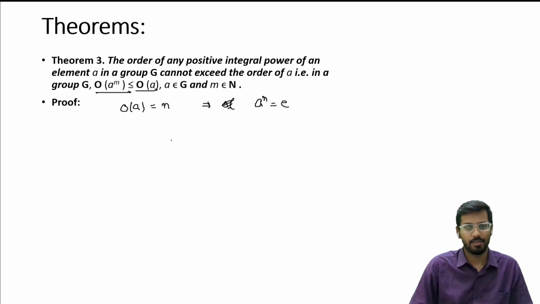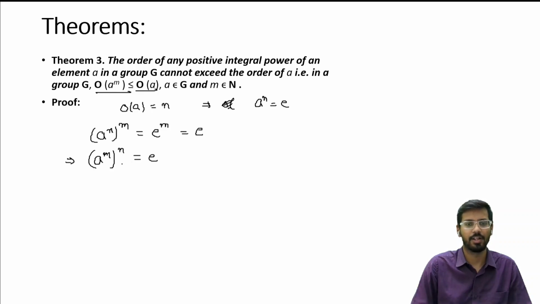So now we can take A raised to power n raised to power m is equal to identity element raised to power m, that is equal to E. From this we can write A raised to power nm is equal to identity element.